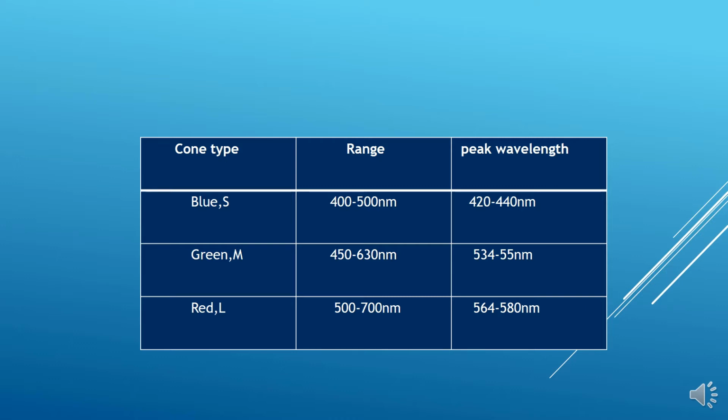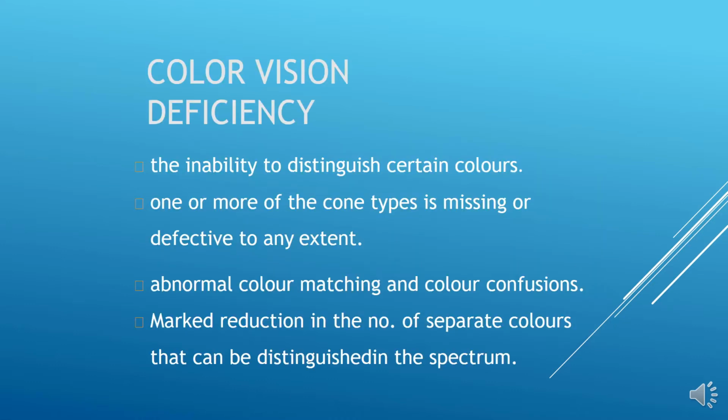So likewise, this is the way different ratios of the stimulation, and you interpret that particular ratio as a particular color by the nervous system. So that is the mechanism of color. Now, what are the different deficiencies in color vision?